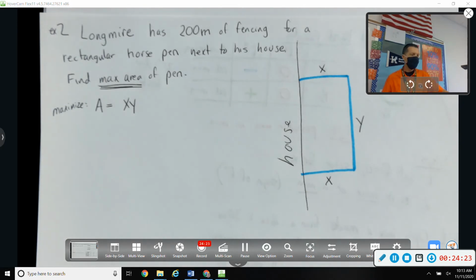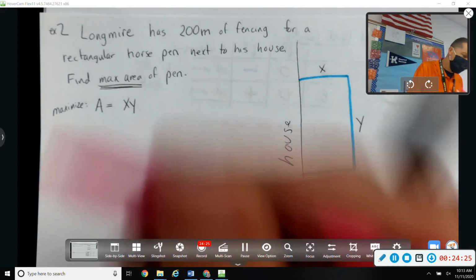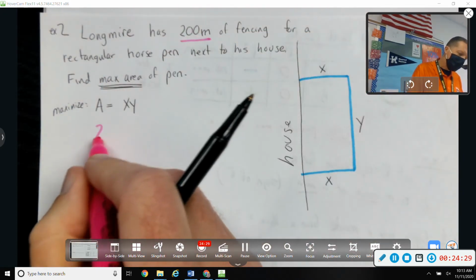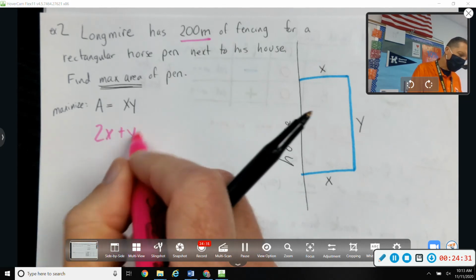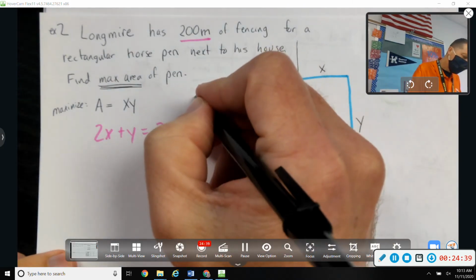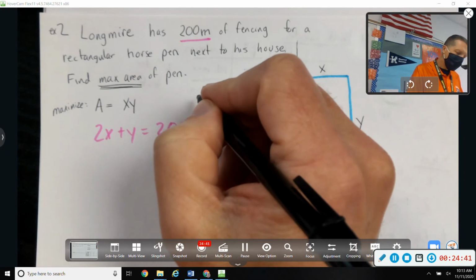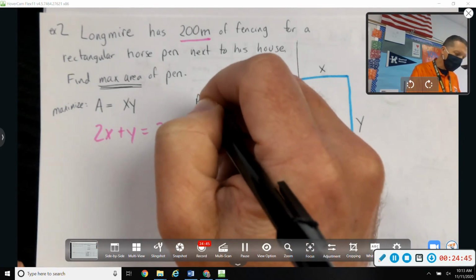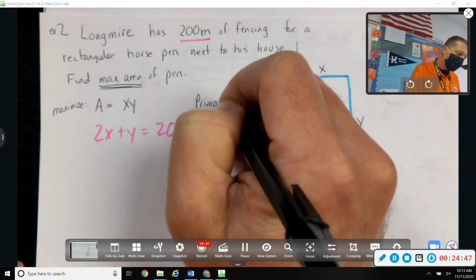2x plus y equals 200. Yeah, I know my total is 200. So 2x plus y equals 200. Books and people online will call these the primary equation and the secondary equation.